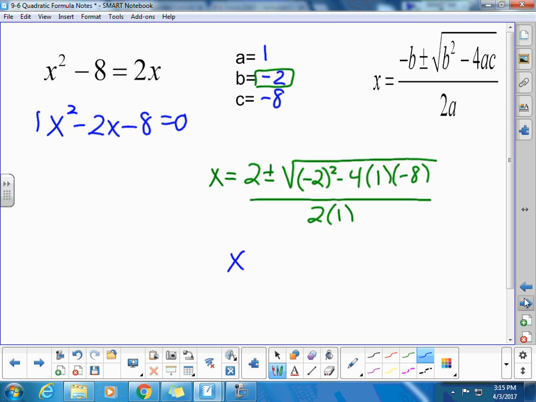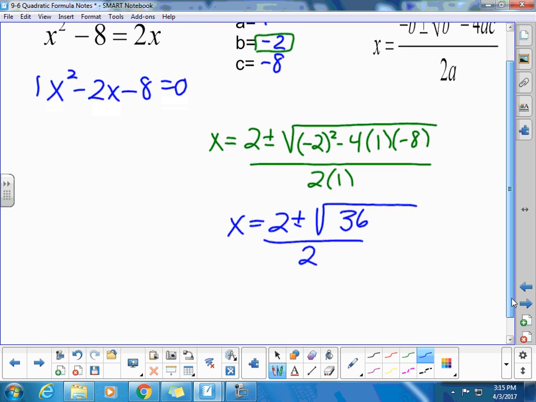So I'm going to say x equals 2 plus minus square root. I'm just going to plug in -2 squared minus 4 times 1 times -8 to find out what should be under my radical. And if I do that, I believe I get 36. And it would all be over 2 times 1, which is 2.